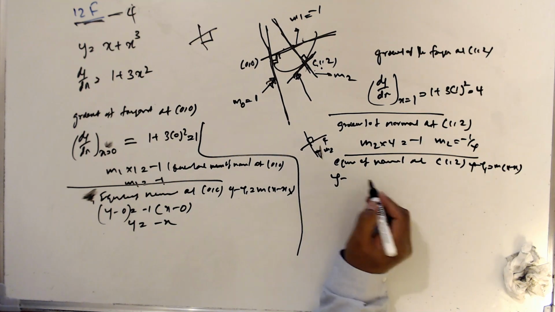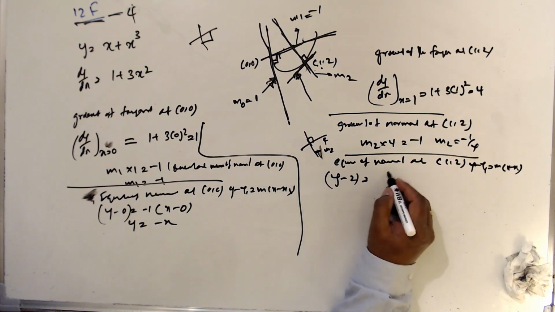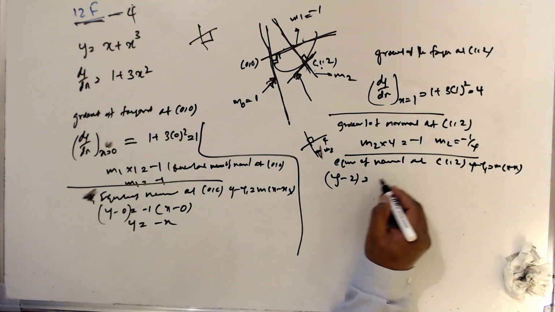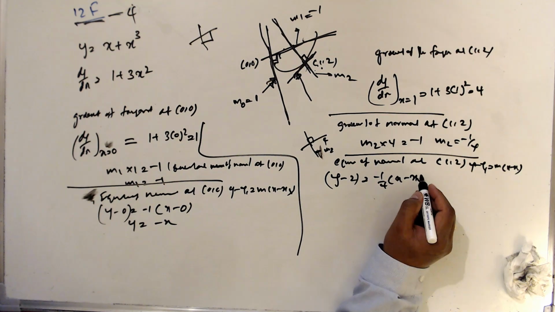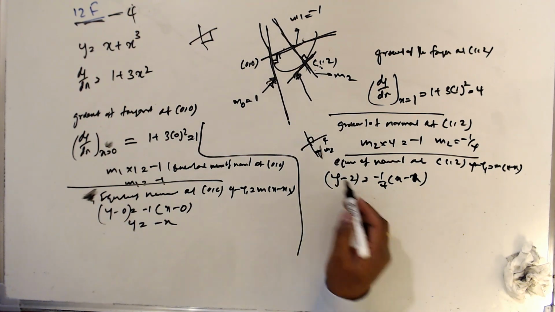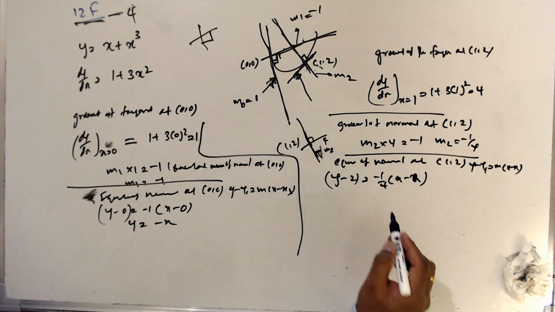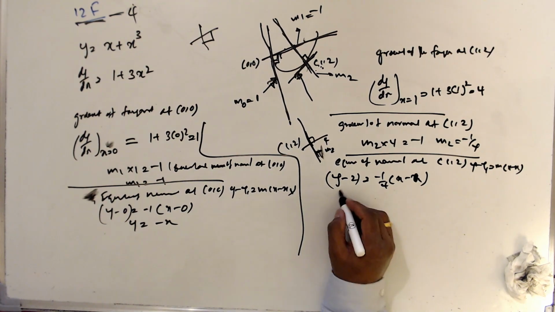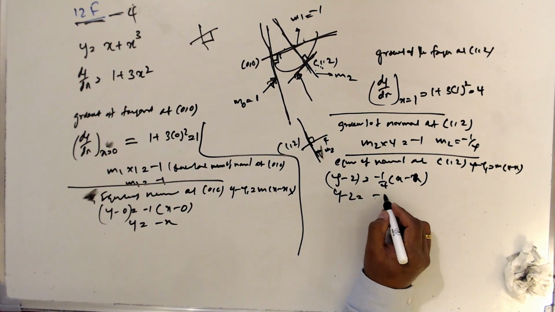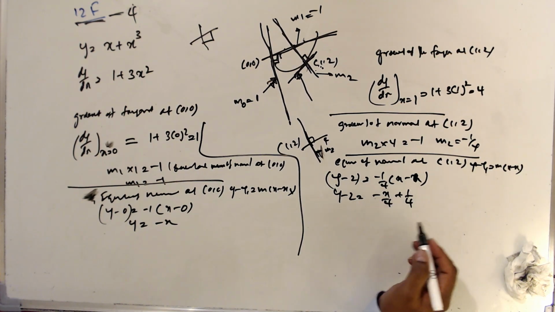So y minus y1, which is 2, equal m. M we found out, minus 1 over 4, times x minus x1, x minus 1. This is 1 because this one is going through the 1, 2 point. Y minus 2 equal minus x over 4 plus 1 over 4.